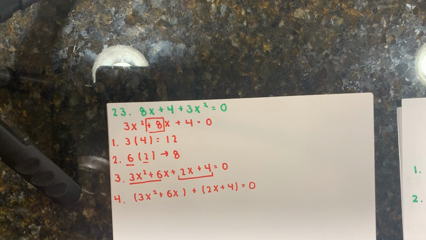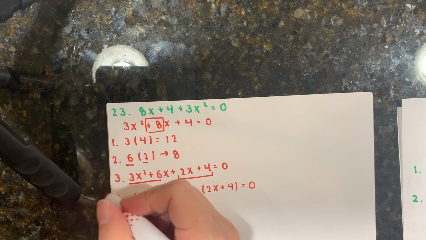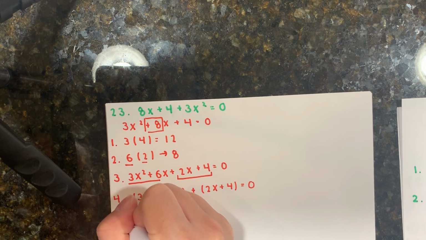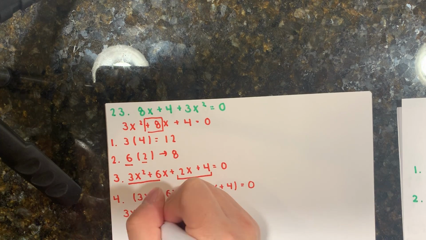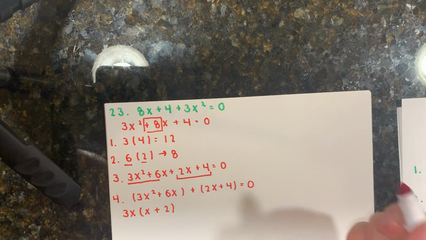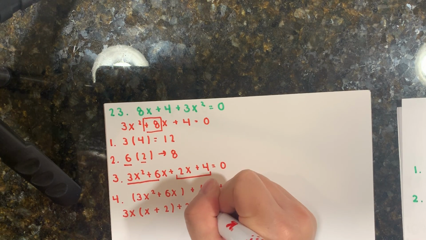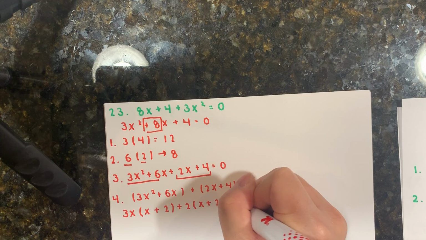Now what divides both of those terms? Well, you know a 3 divides both of those terms and an x divides both those terms. When I factor that out, I would get x and then plus 2. For the second one, I would factor out a 2 and I would get x plus 2 as well.